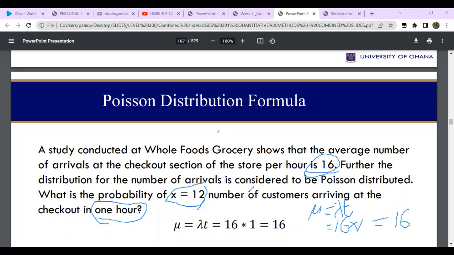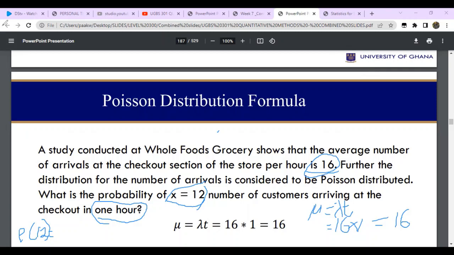So we are looking for the probability that X is equal to 12 customers arriving at the checkout in 1 hour. You get it? So the formula is P of X. X is 12. So P of 12 will be given by.